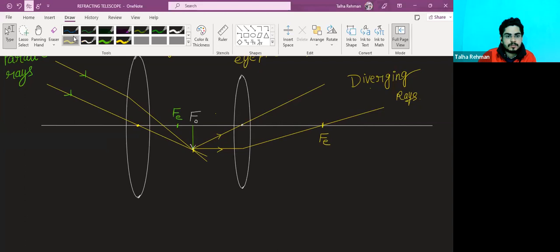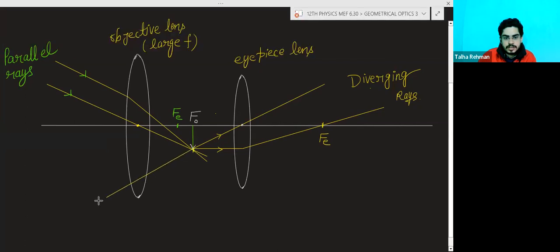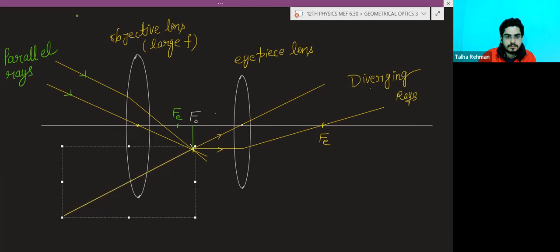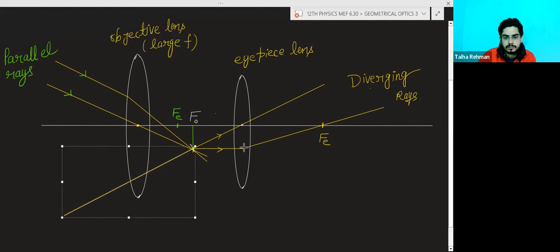So when we will produce these rays in the backward direction, we will get the image. Somewhere here you will get the image.